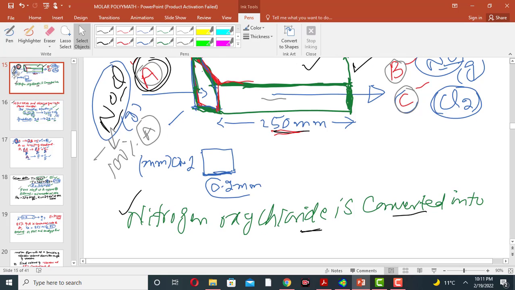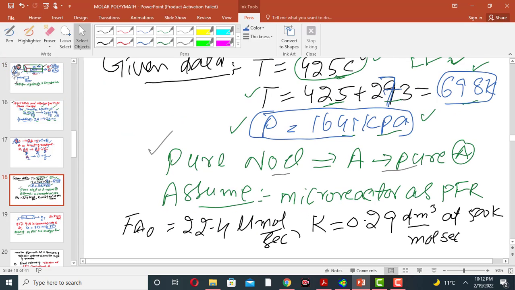And the temperature in this reactor is 698 Kelvin and the pressure is 1641 kilopascal.